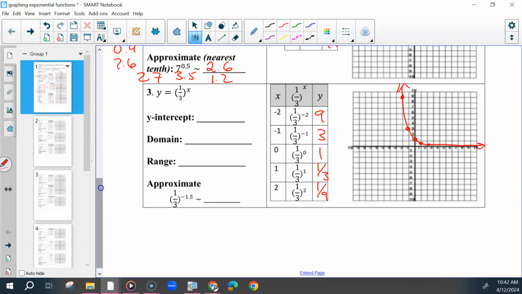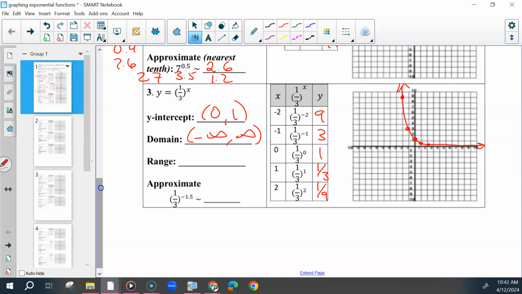And you'll see that it switched directions. Y-intercept of that one, I would say about 0, 1. It can stay the same. Domain, negative infinity to infinity, it stayed the same even though it changed direction.